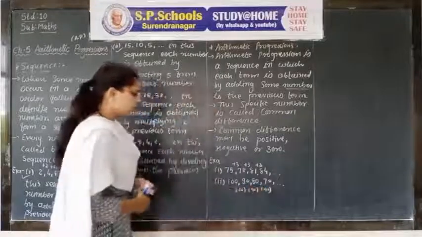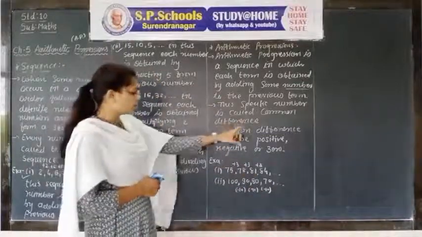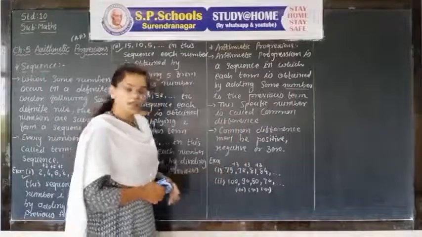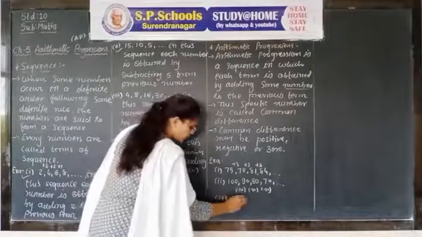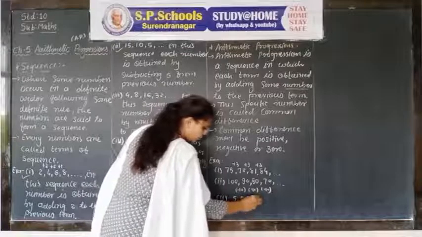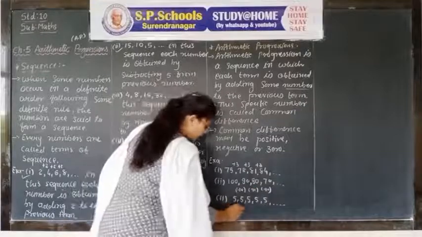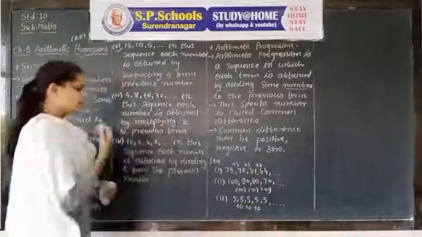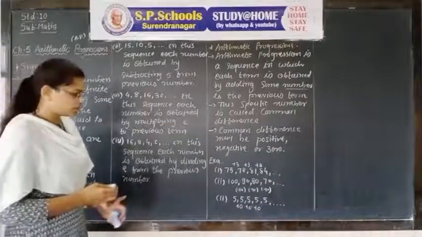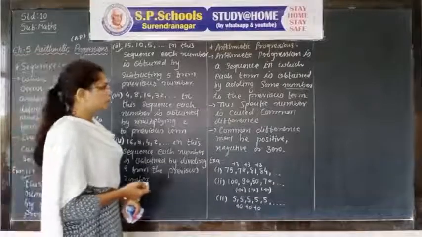Here the specific numbers 3 and minus 10 are called the common difference. It can be positive, it can be negative, and 0 is also possible. Suppose each and every term is 5, 5, 5 up to infinite. We add plus 0, plus 0, plus 0 and we get an arithmetic progression. These are 3 examples of arithmetic progression.